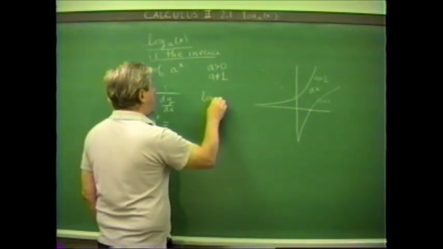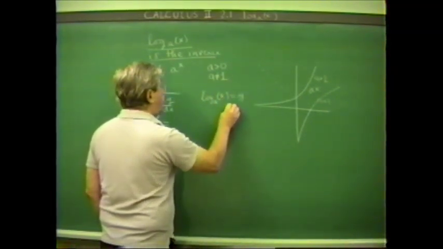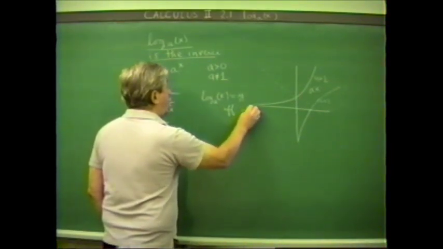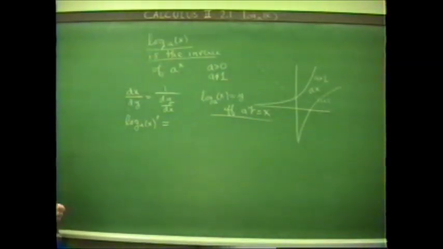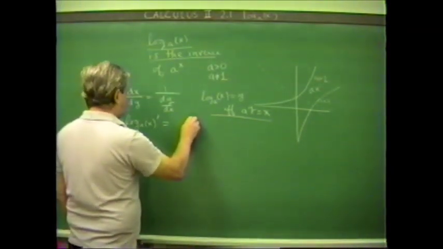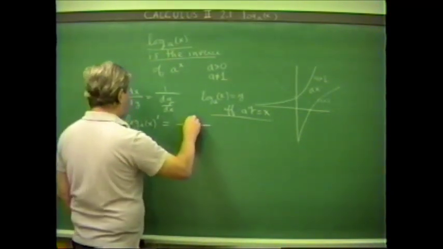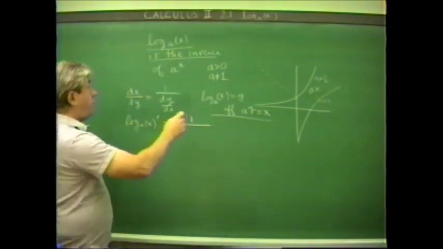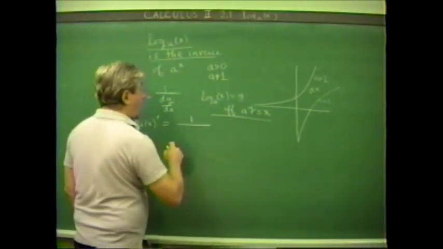Log to the base a of x equals y if and only if a to the y equals x. The derivative now is going to be 1 over the derivative of a to the y at y.